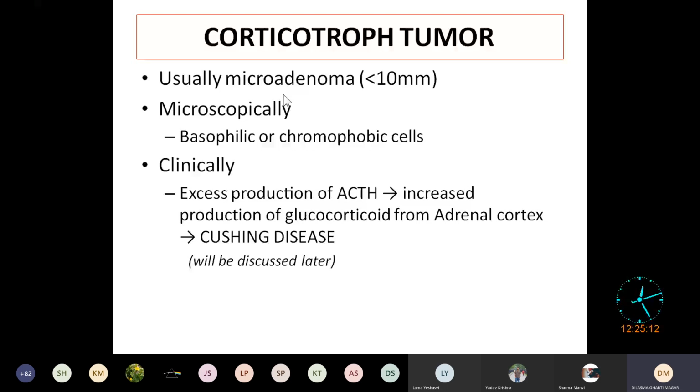Definitely this tumor will produce more and more ACTH, and there is increased production of glucocorticoid hormones from the adrenal cortex. Whenever there is increased production of glucocorticoid, it will lead to Cushing's disease. I'll discuss it in the later classes.